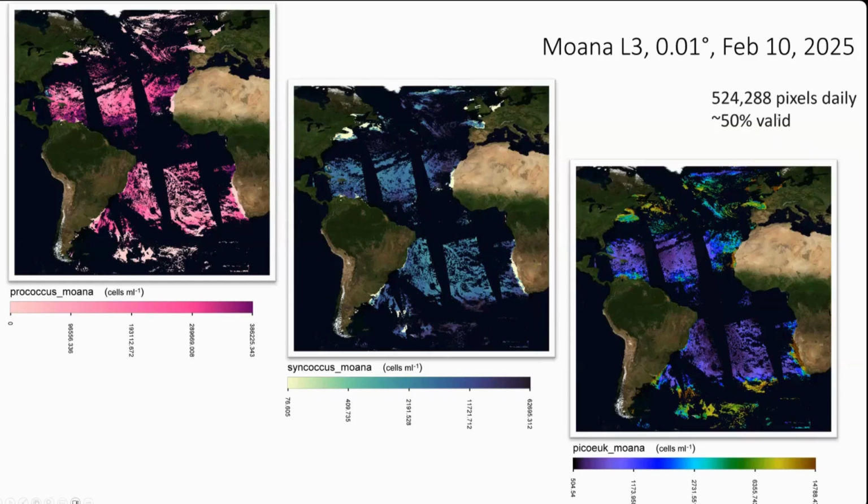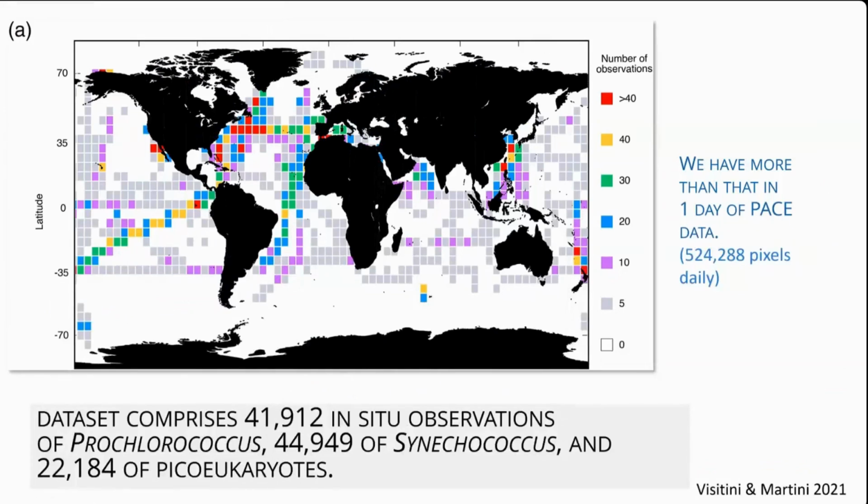That's 500,000 data points per day, which is especially a lot when we compare it to the existing data sets of in situ values for Prochlorococcus, Synechococcus, and picoeukaryotes. The current data sets we have for these three are not that hard to measure, but we don't have that many data points.